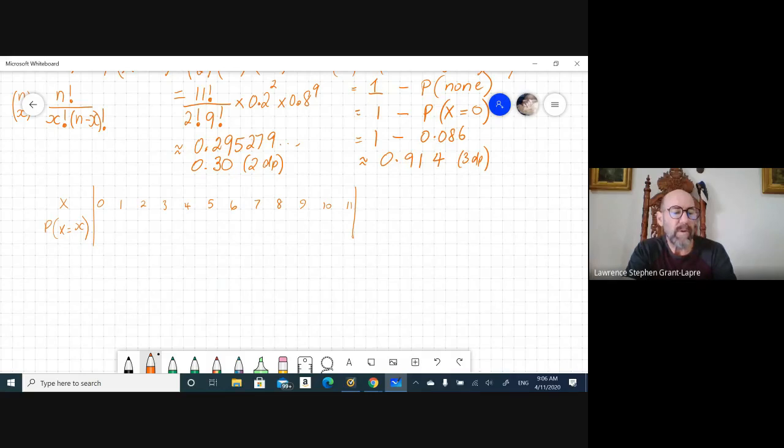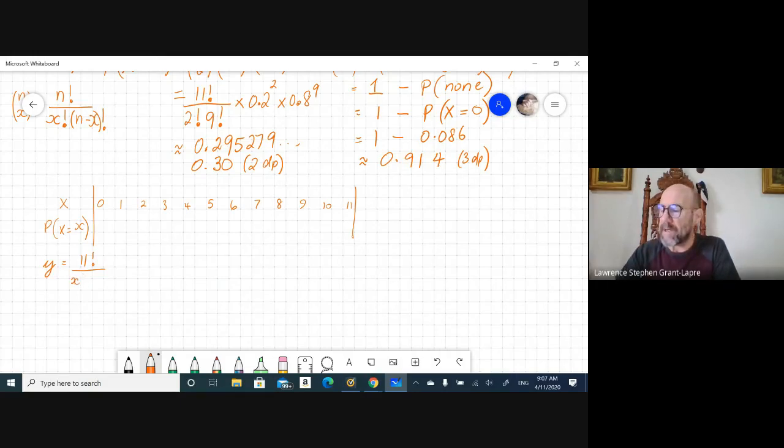Let's get our table of values starting at 0, ending at 11. So by putting this into the calculator, I just used the graph. Sorry, I want a formula for x.